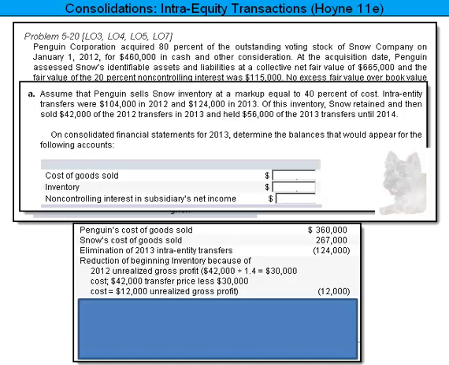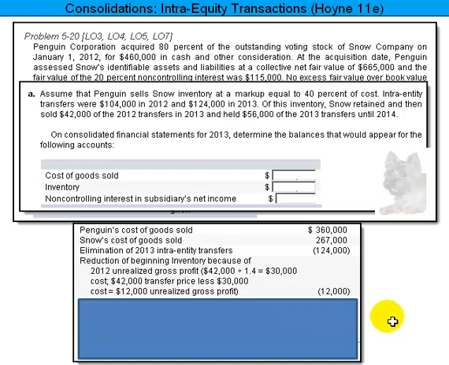So you can divide by 1.4 to determine the cost. Take the 42,000 less the cost of 30,000, and you've got 12,000 that was unrealized gross profit sitting on the books in beginning inventory. We need to eliminate that.